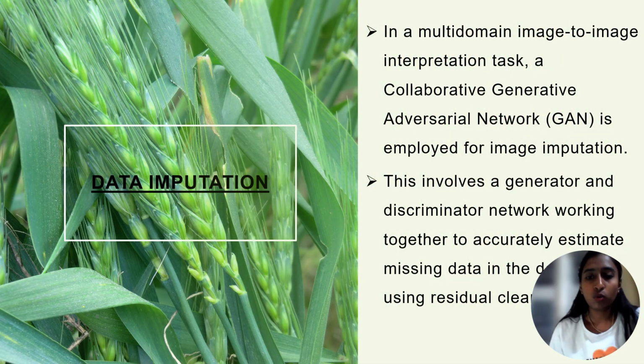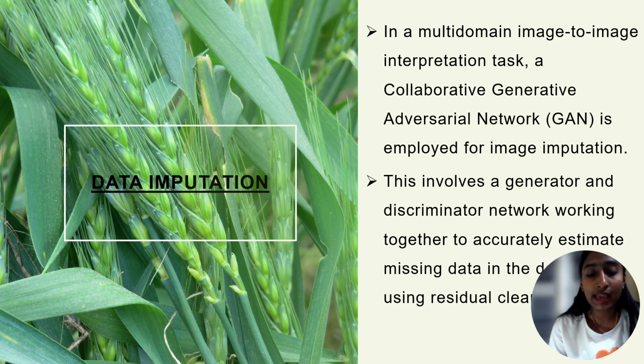Now we move on to data imputation, as this is the next methodology we are using. For a multi-domain image-to-image interpretation task, a collaborative generative adversarial network is utilized for image imputation, such that the generator and discriminator networks may accurately estimate the missing data of the dataset using the residual clean dataset.